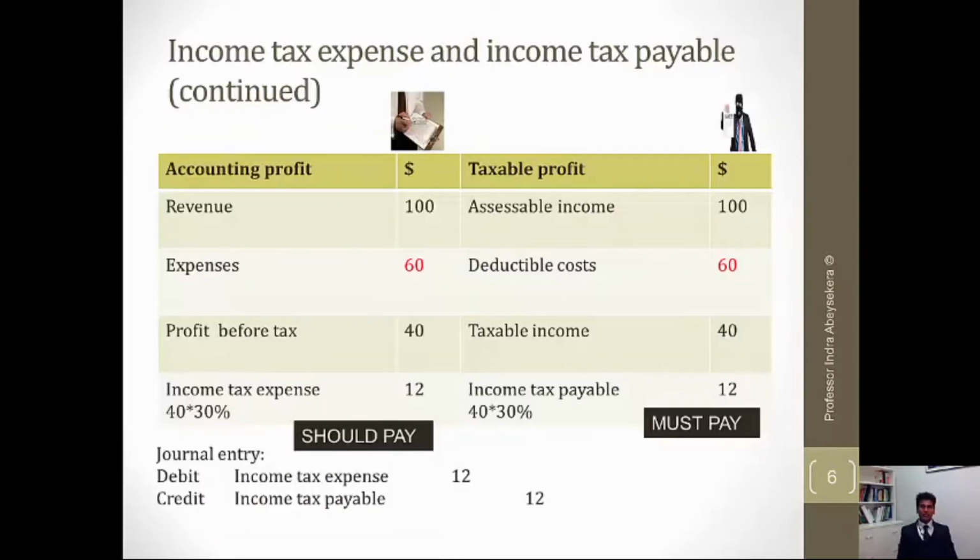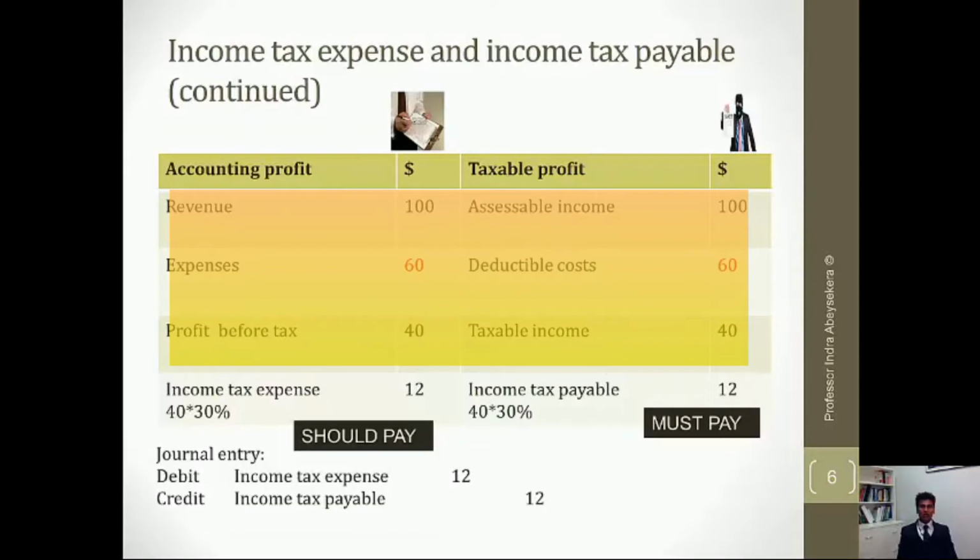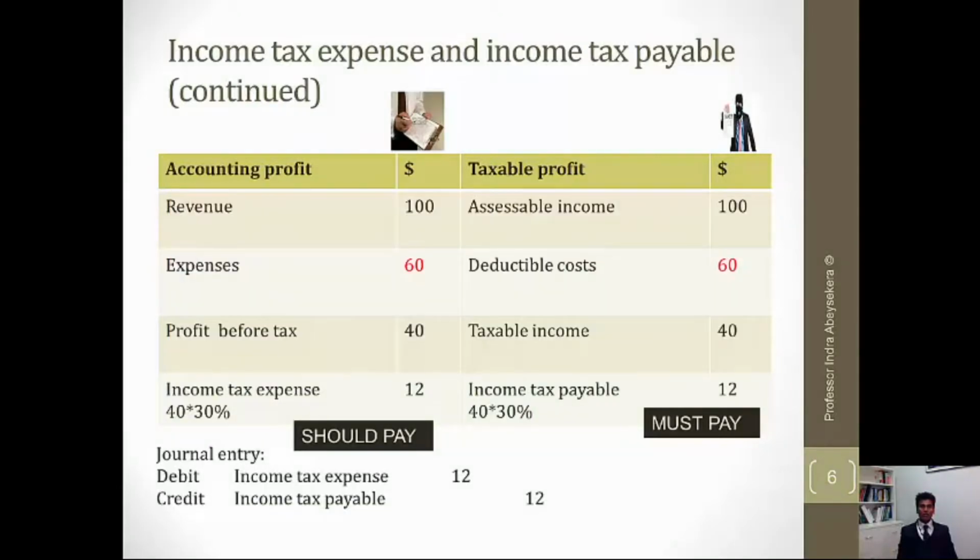If you put that into perspective in a columnar form, assuming revenue and assessable income, which is the counterpart in the tax office, are equal, and expenses and deductible costs, which is the counterpart in the tax office, are also equal, then our profit before tax and taxable income are also equal.